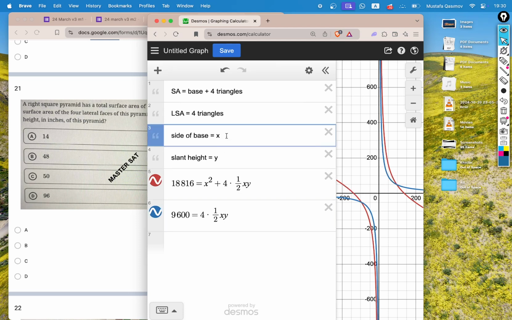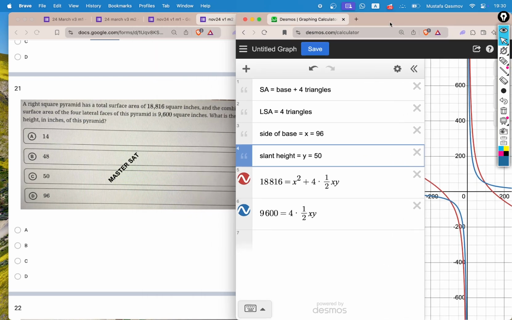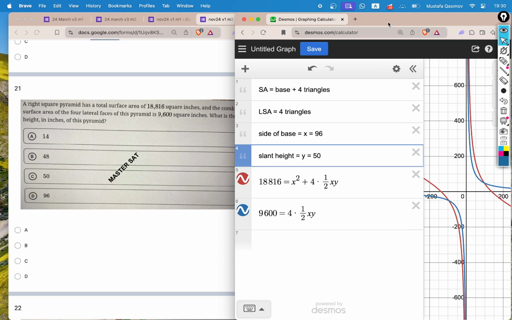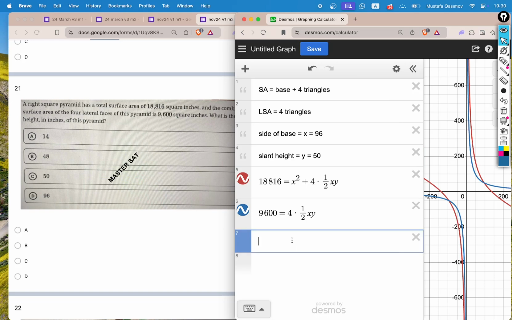So let's write this 96 and 50. If you have any problem with imagination of pyramid, you can memorize this formula. We can write formula like that.